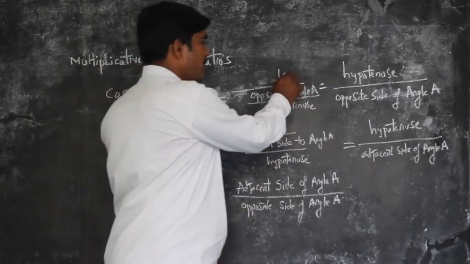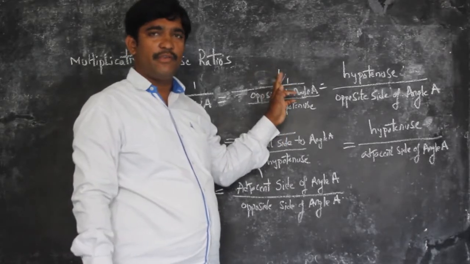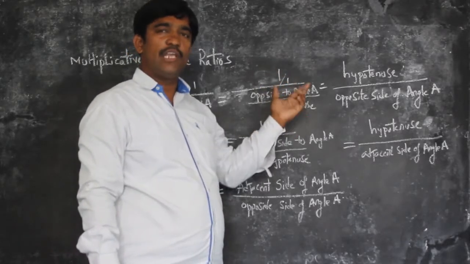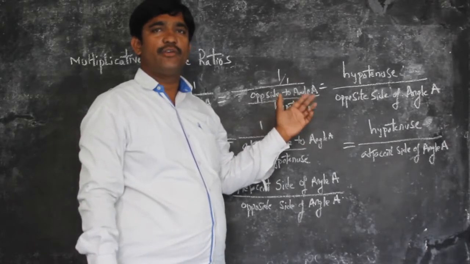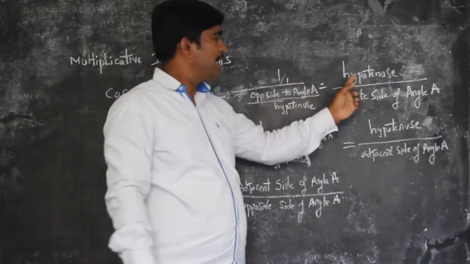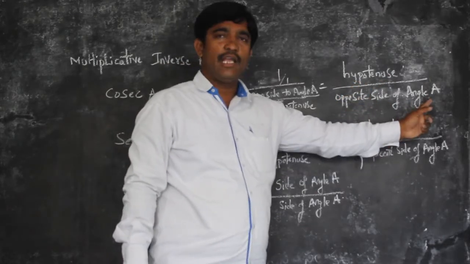This is of the form 1 by a by b, which is b by a. So it becomes hypotenuse by the opposite side of angle A.